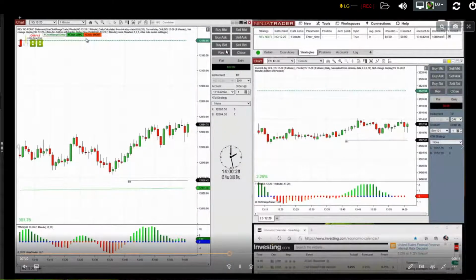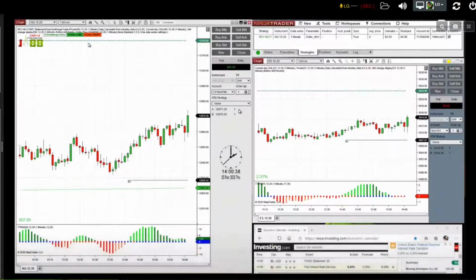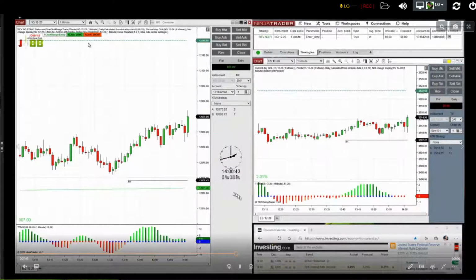So, do you get pulled in on the long side? Do you get pulled in on the long side? Very hard to tell unless you're trading live.